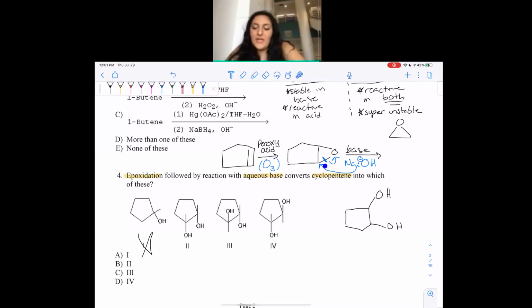This whole thing has to be on one face. So let's say they're both wedged. If this is the case, what side will the nucleophile attack from, the wedge side or the dash side?